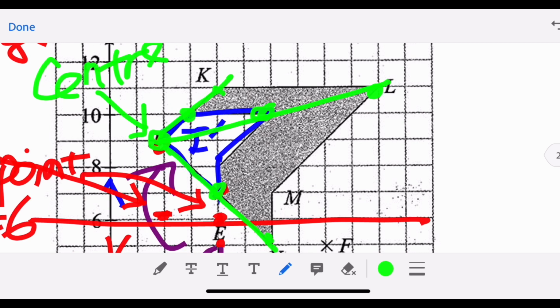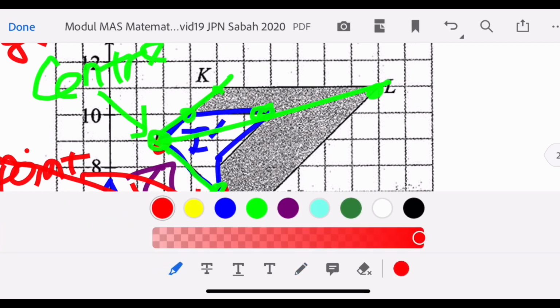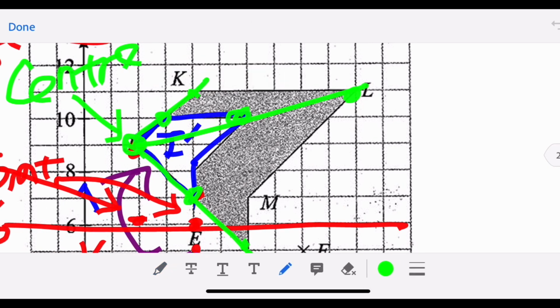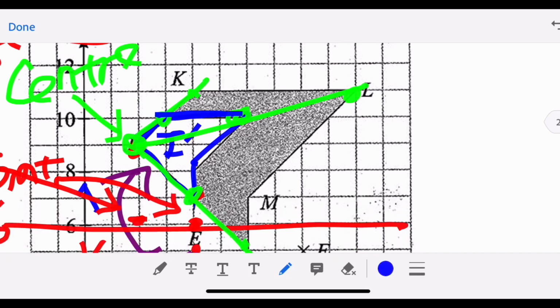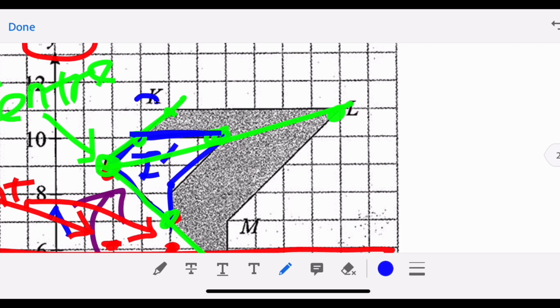For sure it's enlargement because it looks bigger, so it's easy, right? To find the center of enlargement, you connect the corresponding points from the object to the image. Corresponding point means that if you enlarge the point, you will reach the image.